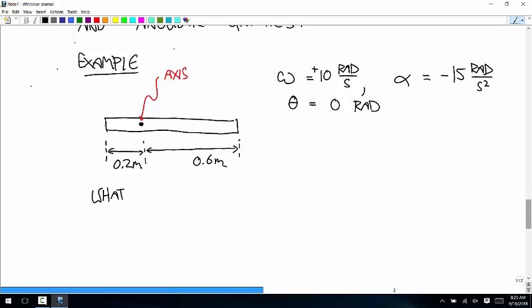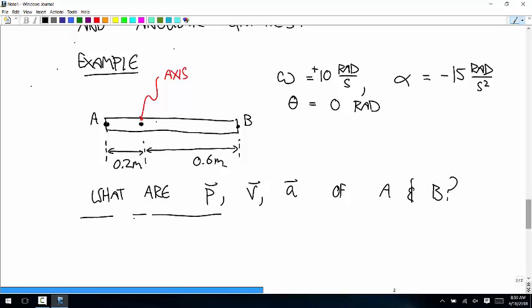Then let's figure out, so if this is the point A on the short side and this is the point B on the long side, what are the position vectors, velocity vectors, and acceleration vectors of these points A and B? Okay, so the idea is, this is stuff that you've already done before.